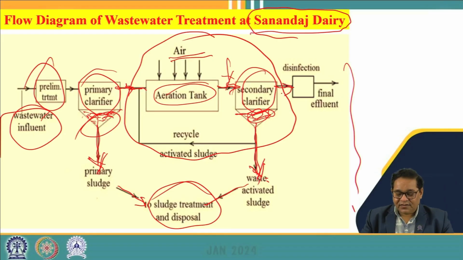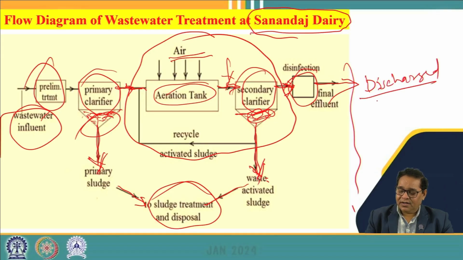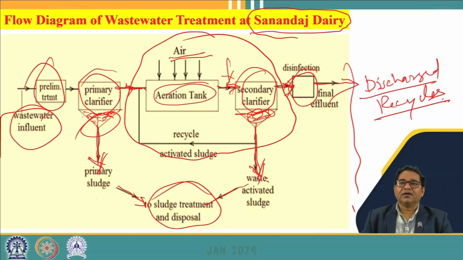After the secondary clarifier, the treated effluent goes for disinfection, the next unit, to disinfect all types of bacterial impurities present in the treated wastewater. After disinfection, the treated water is taken out, which can be discharged or recycled depending upon the requirement.